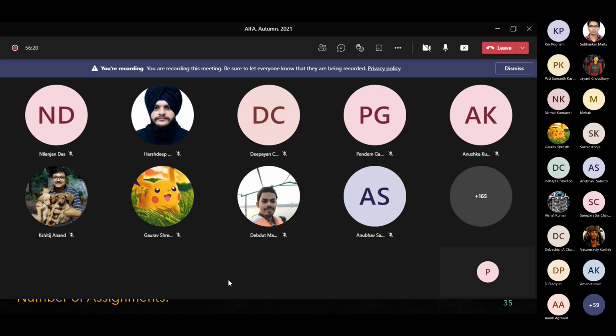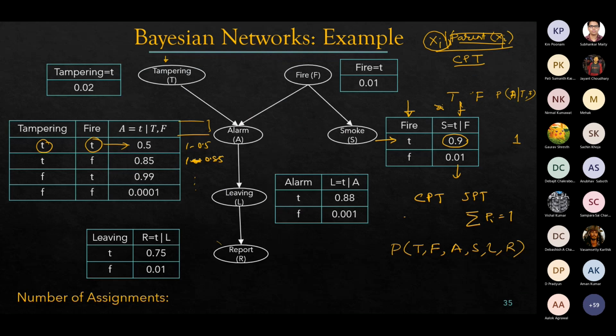Well, what is the number of assignments if we want to fully describe this JPD? What is the total number of assignments? 2 to the power 6. Actually, it will be 2 to the power 6 minus 1, isn't it?